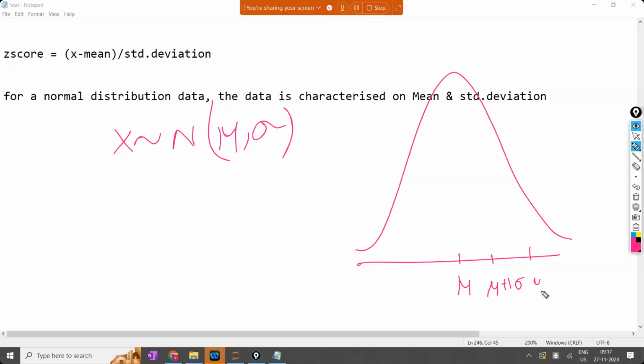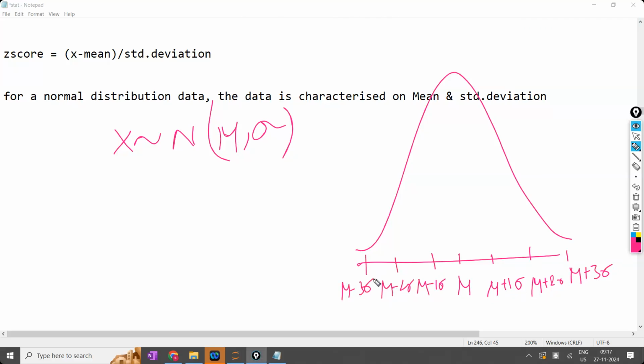The next number should be mu plus 2 sigma, the next mu plus 3 sigma. Similarly, on the left side, mu minus 1 sigma, mu minus 2 sigma, and mu minus 3 sigma. So the center value is mu, and the values go plus 1 sigma, plus 2 sigma, plus 3 sigma, and on the left side minus 1 sigma, minus 2, minus 3, like that.